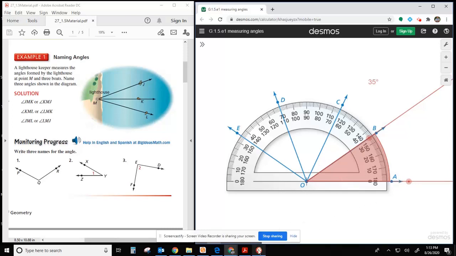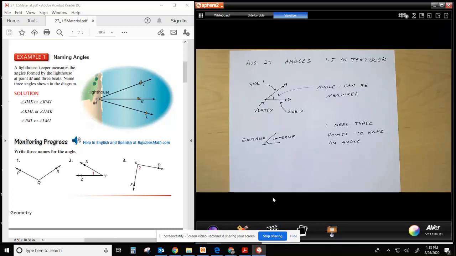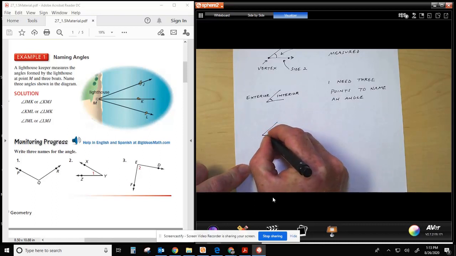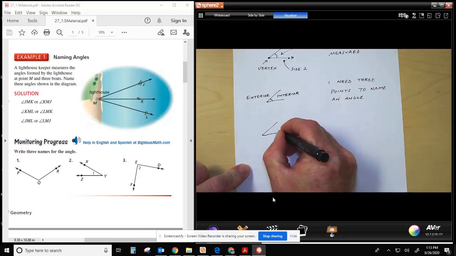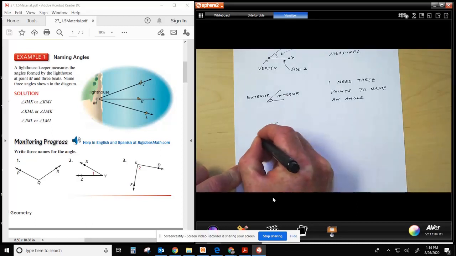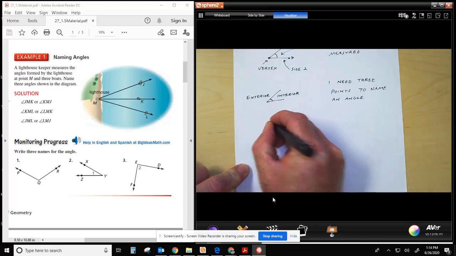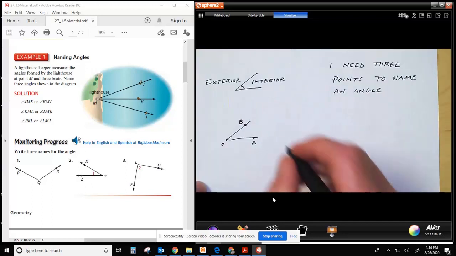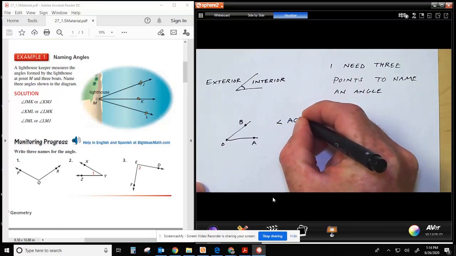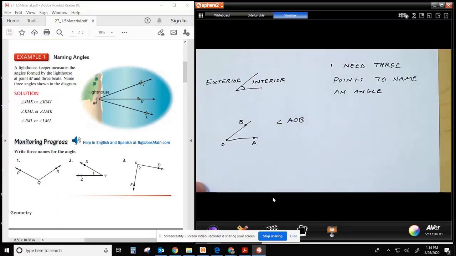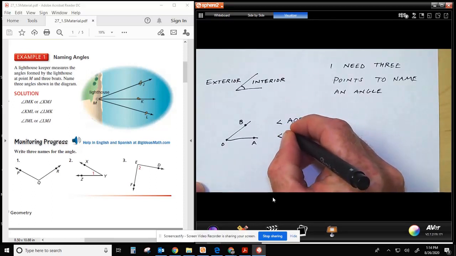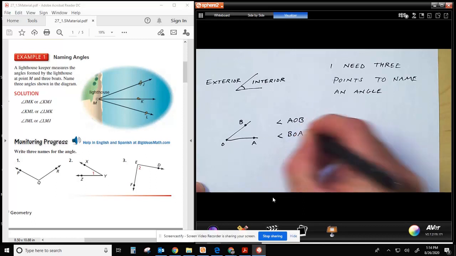I'm going to go back to my screen and show you. So I'm going to try to draw that one. Okay, I've got points A, O, B. I can say this is angle AOB. I can say this is angle BOA.